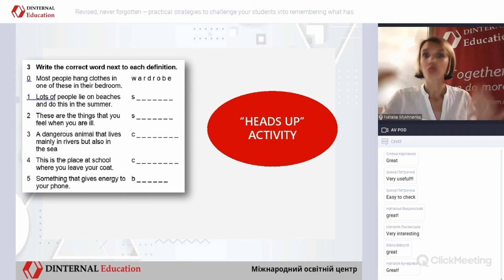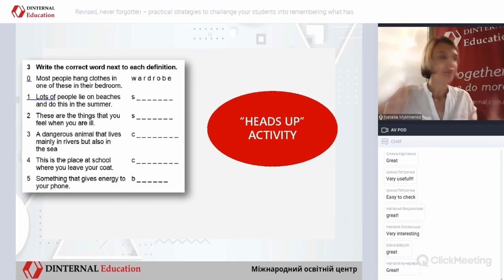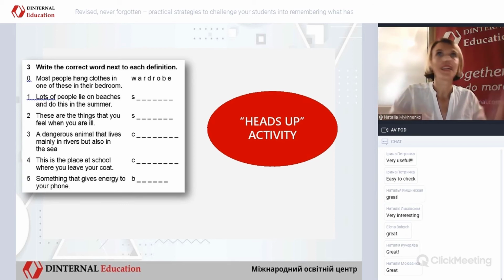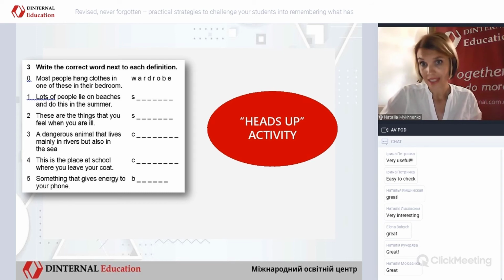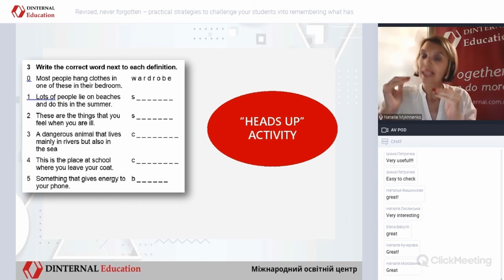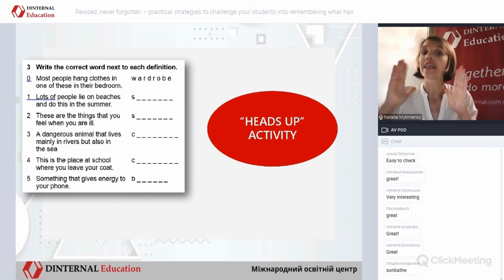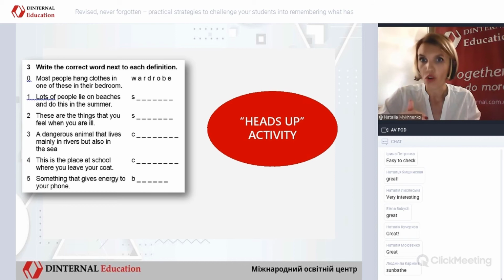What do I mean? They can stand up, walk around, right? They can look around while doing this activity. And we remember that it's very important to keep the balance between heads down and heads up activities in the classroom to make sure they are not bored till the end of the class.